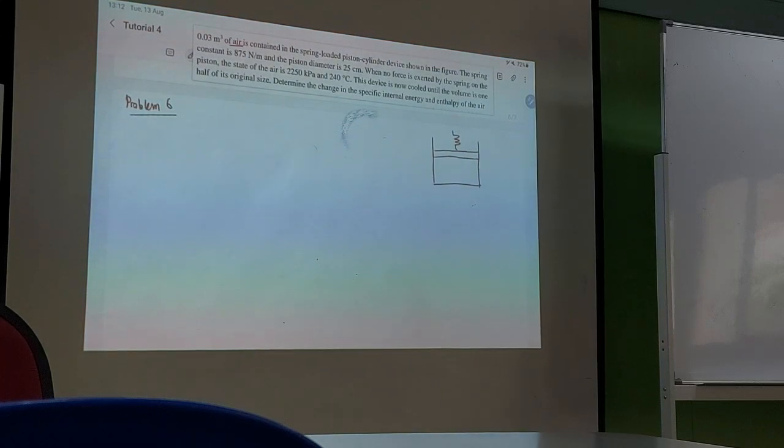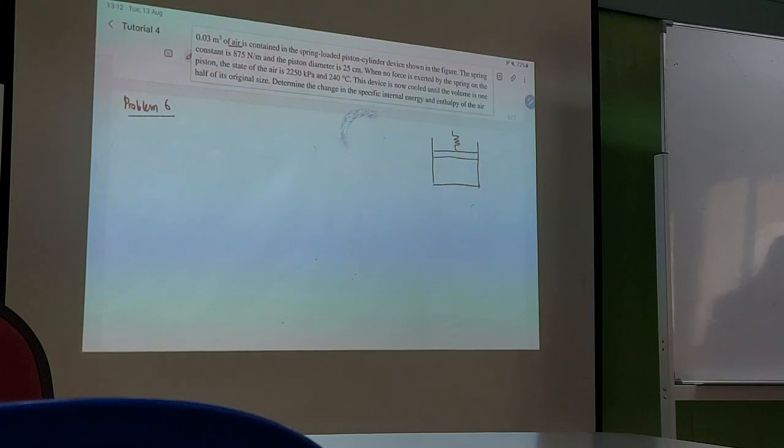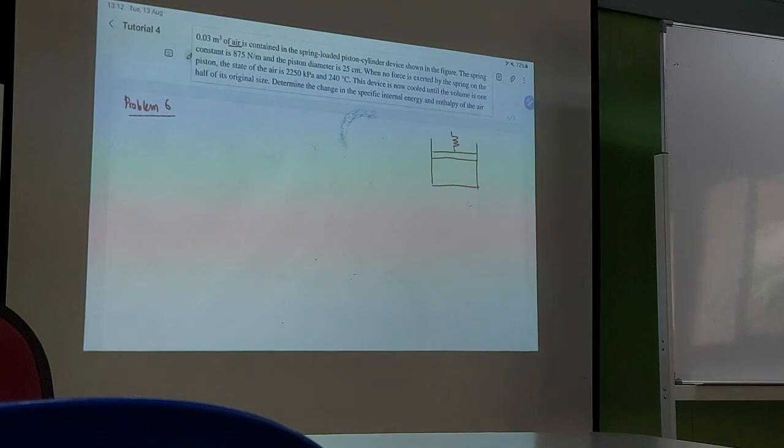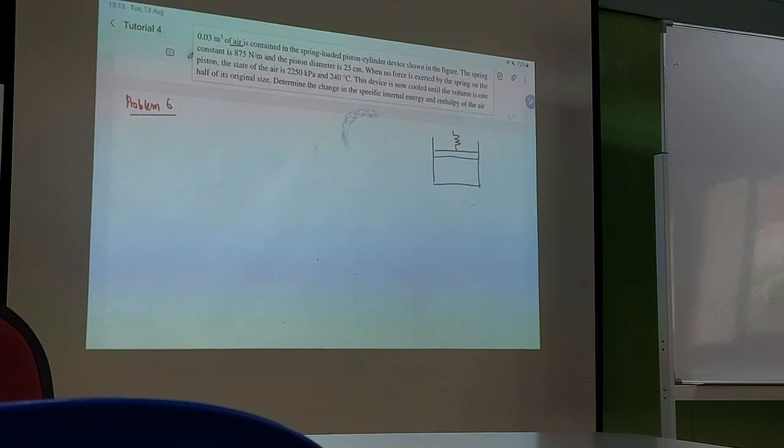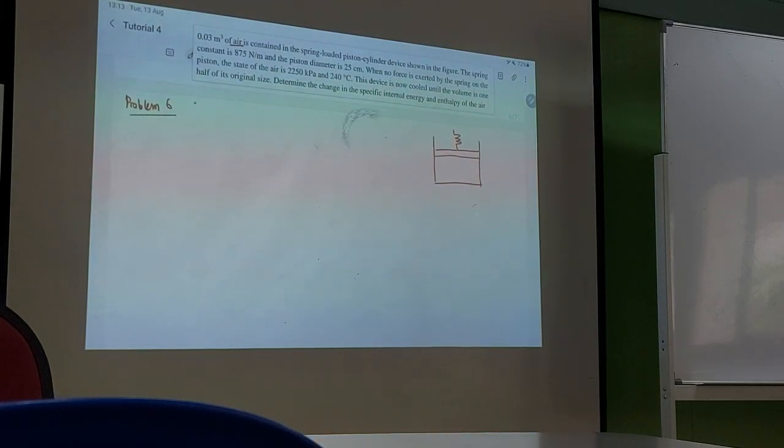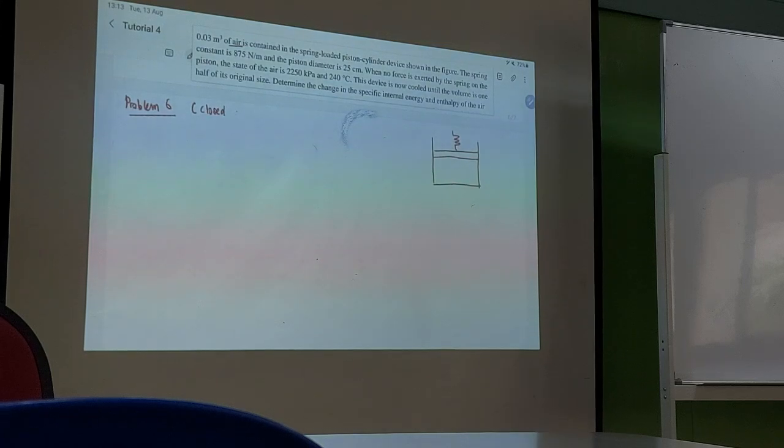So always remember when you are solving a thermal question, the first thing you need to identify is whether you are dealing with a closed system or open system. But again, obviously in class this is very obvious because they are split into chapters. But you always need to identify which system you are dealing with. So this one you are dealing with a closed system.